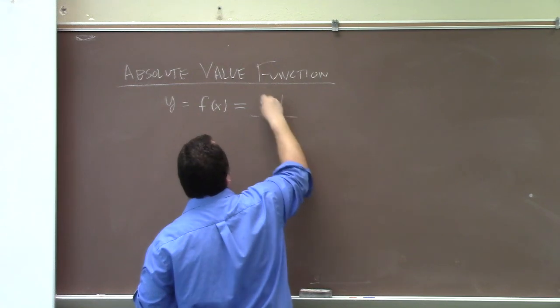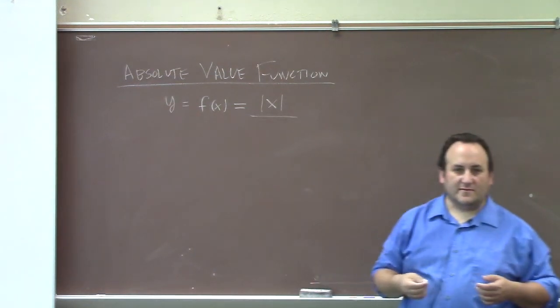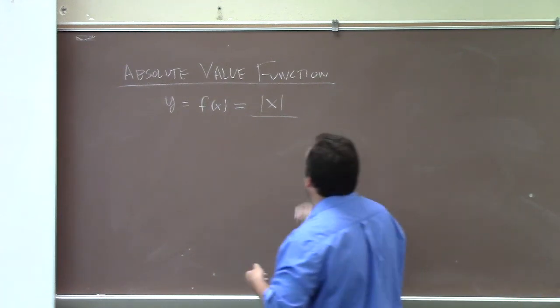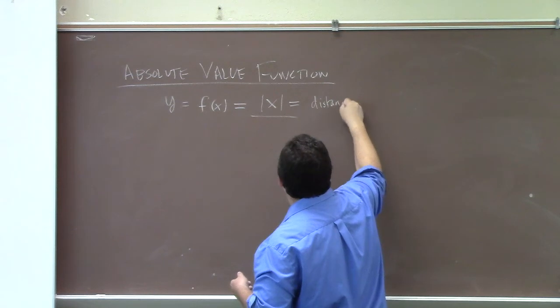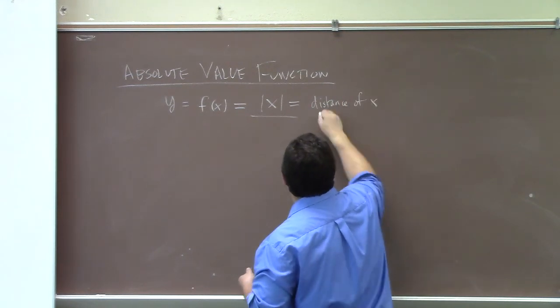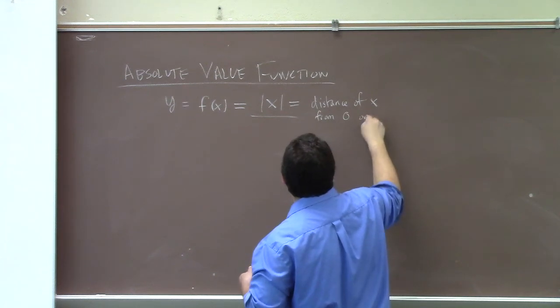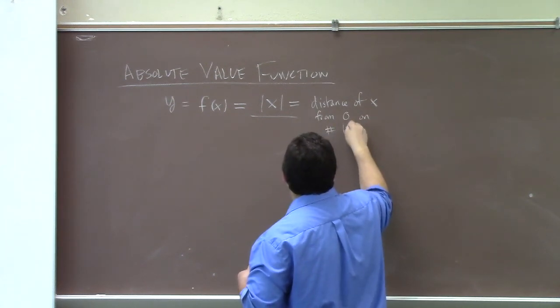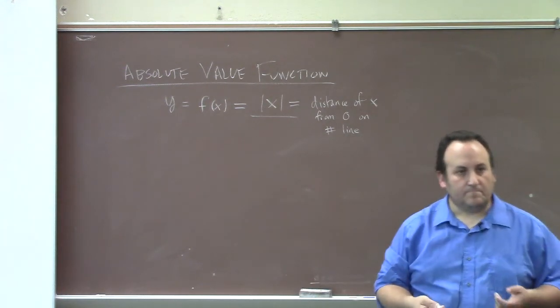Distance of x from 0. Hey, that's not bad. This is the distance of x from 0 on the number line, right? That is a legitimate definition of this function, right?